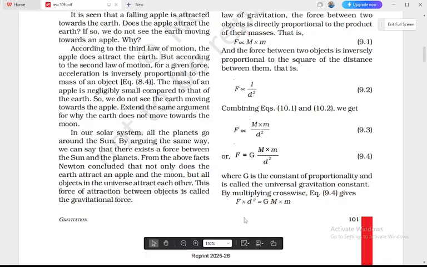Here G is the constant of proportionality and is called the universal gravitational constant. By multiplying crosswise, we get equation 9.4: F into d square equals capital G, capital M into small m.